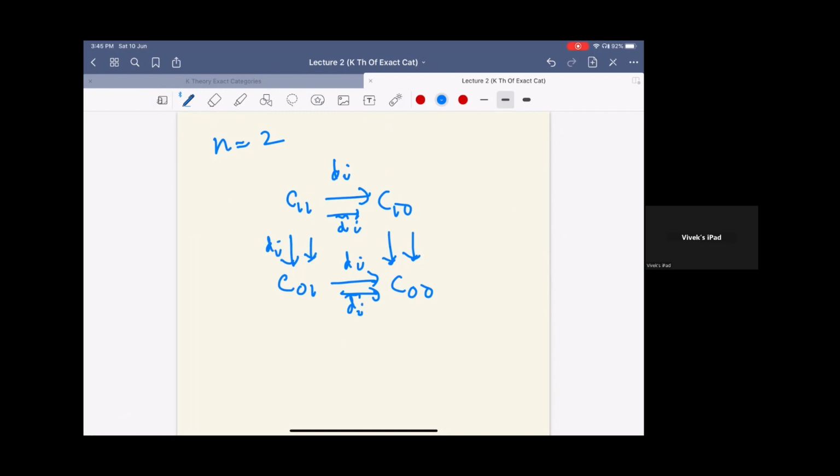So n equals 3 looks like a cube, and so on and so forth. So this is an n-dimensional binary complex, with two differentials in each direction.